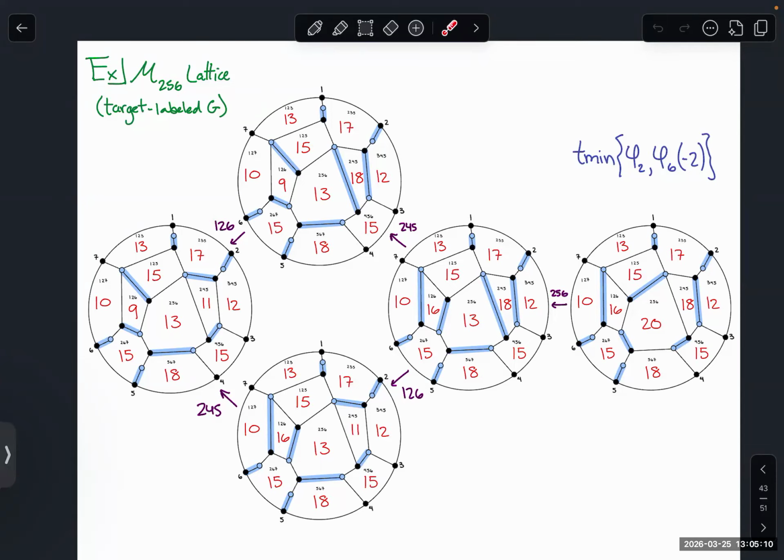But it does give an ordering on the positroids themselves. Gotcha. Okay.